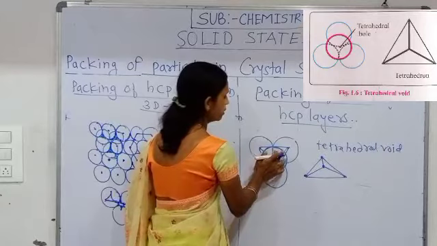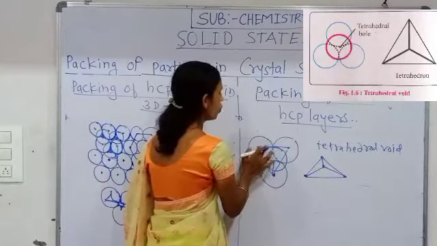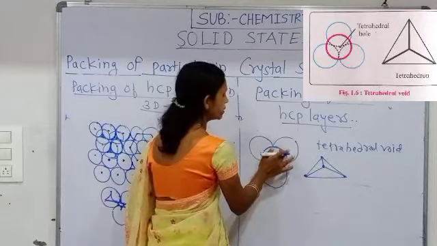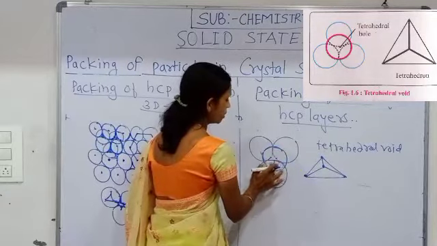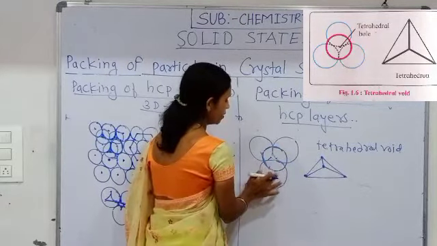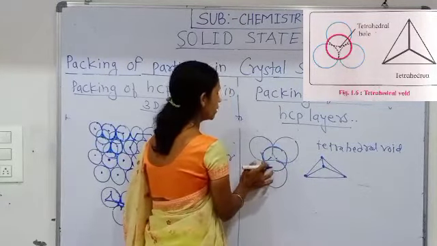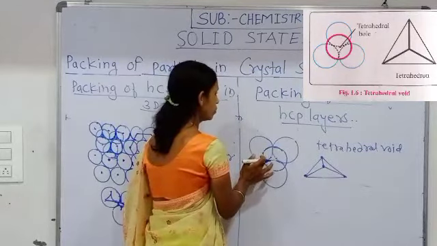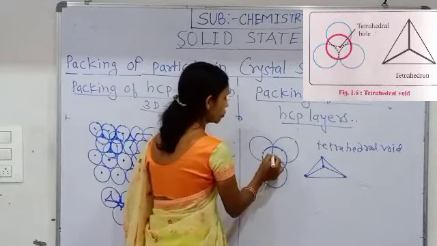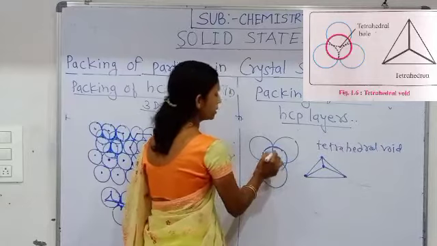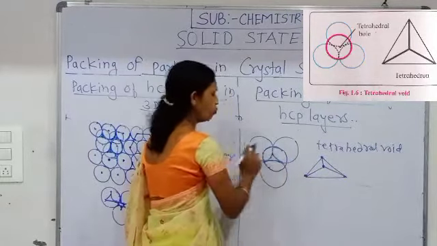And therefore, the void which is formed by covering the triangular void is called a tetrahedral void.